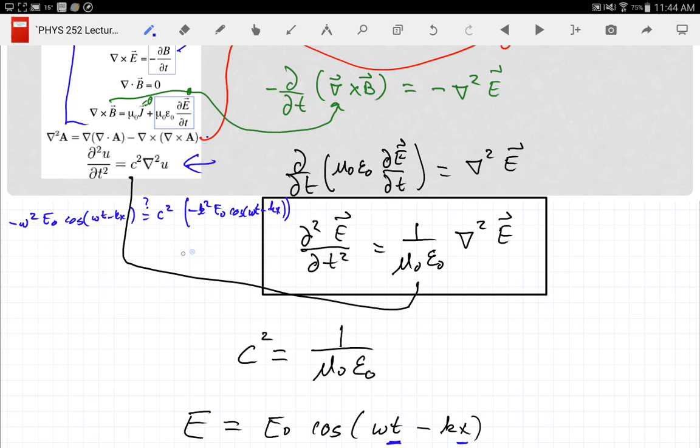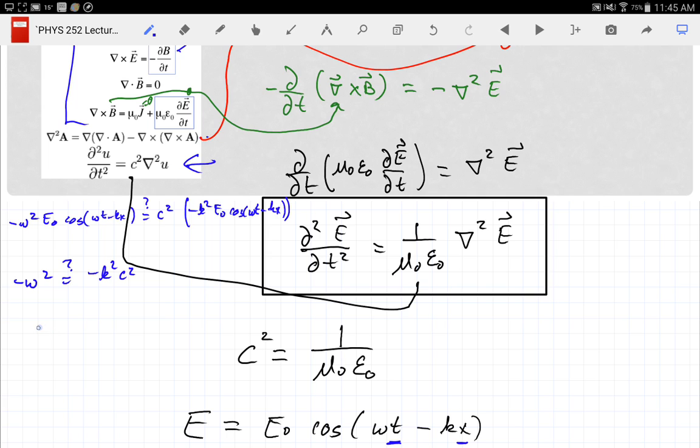So I take these and I say, E0 cosine omega t minus kx is common on both sides. So I can factor that out or divide it out for the cases where the cosine term is not 0. And I have minus omega squared equals minus k squared c squared.